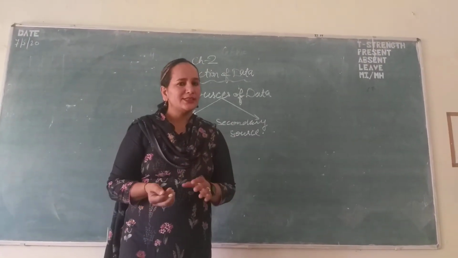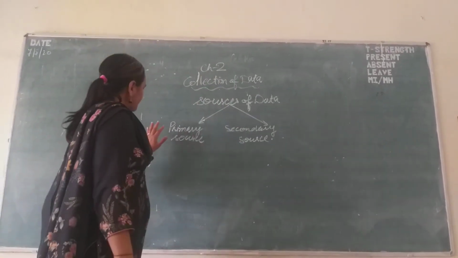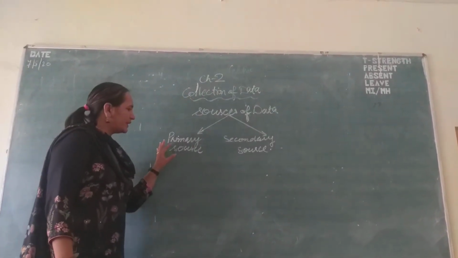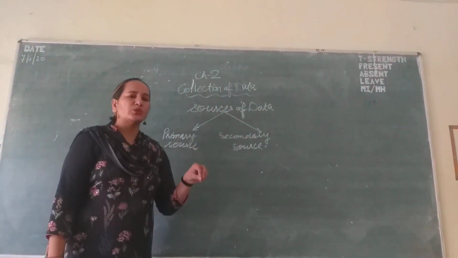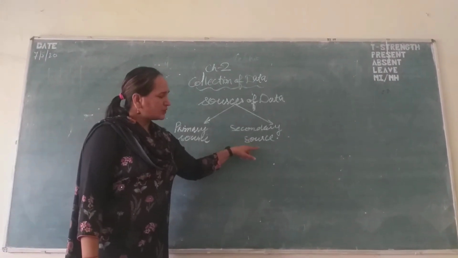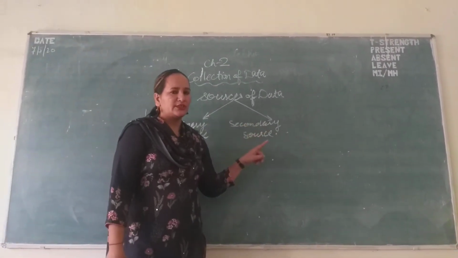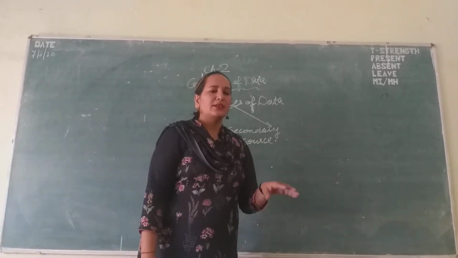That is a secondary source. I hope from this example the meaning is clear. Primary source means when the data is collected from its source of origin. Secondary source refers to any institution or organization where the data is already in existence.